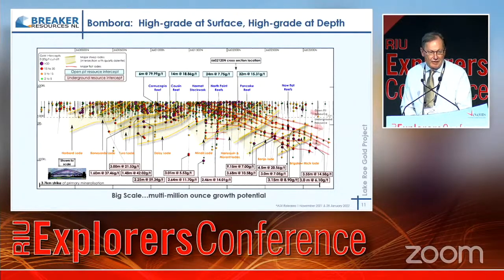When they hit the upper part of an iron-rich dolerite, a la Golden Mile, a la St Ives, Paddington, the gold drops out. And it does it in a systematic way. Where those steep structures lock up, you get your flat structures and your west dipping structures. So this is big. We're getting good grade near surface, high grade near surface, and high grade at depth. It's going to be a mine.